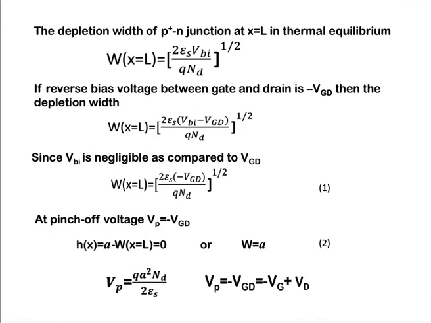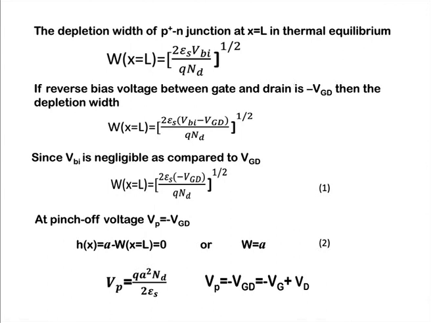At pinch off, our voltage Vp will be equal to minus VGD, and at pinch off our Hx will be 0, so the depletion width W equals A. If we substitute W equal to A and Hx equal to 0 in equation 1, we can calculate the pinch off voltage.